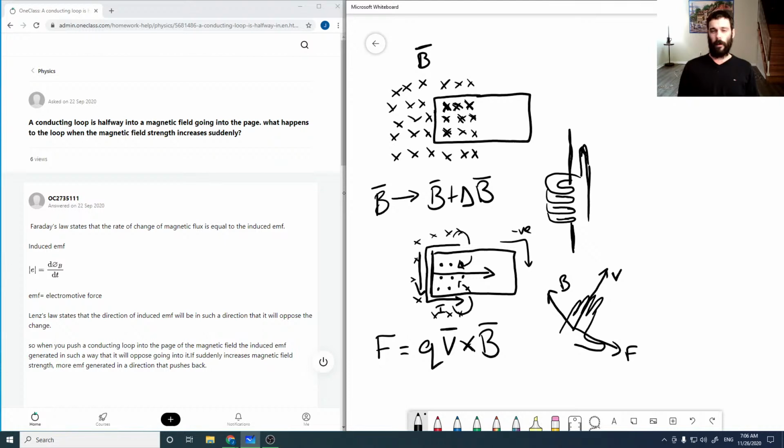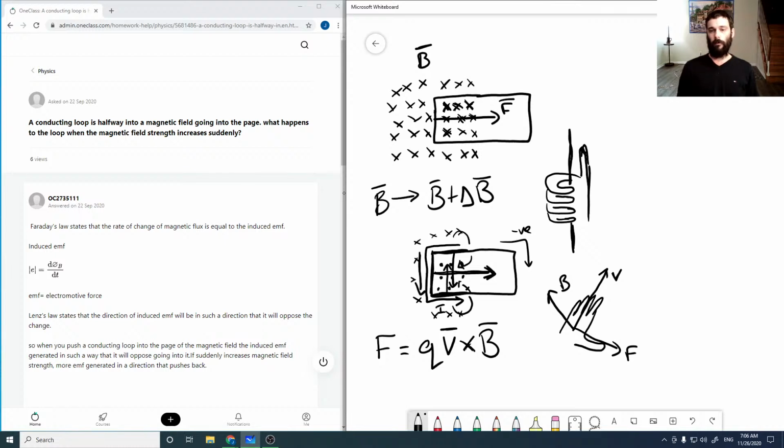If we apply it on the bottom segment of the wire, then we would find that the force is upward. And if we apply it on this segment of the wire, we would find that the force is downward. So that means that there's a net force out of the B field. So there's a net force outward.